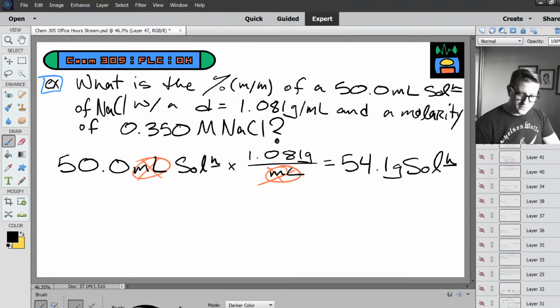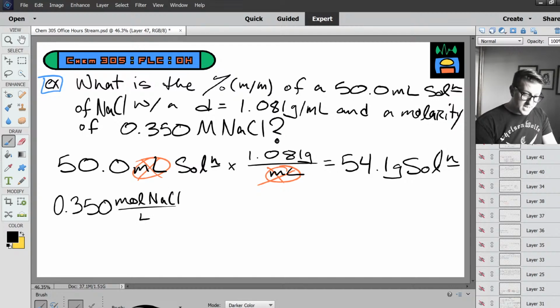So we have 54.1 grams of solution. That's going to be our denominator. Now for our numerator, we have a molarity of 0.350 moles of sodium chloride over liters, and to cancel our denominator, we need to multiply by our volume, but we have to convert our 50 milliliters to liters first.